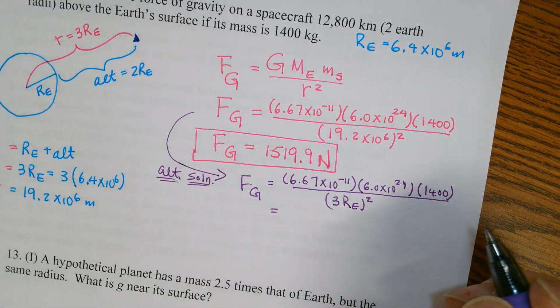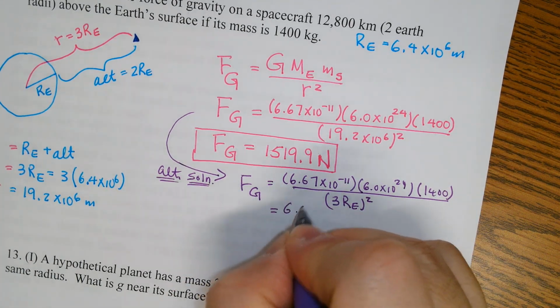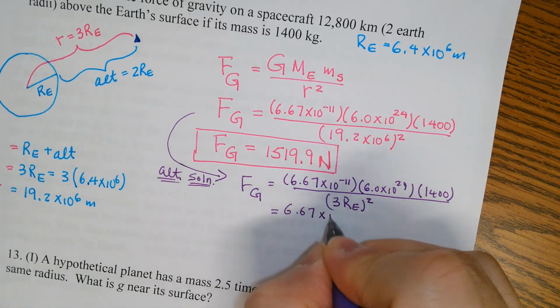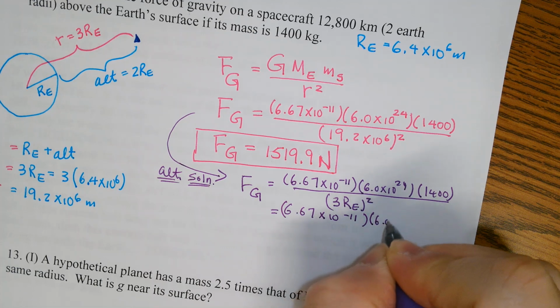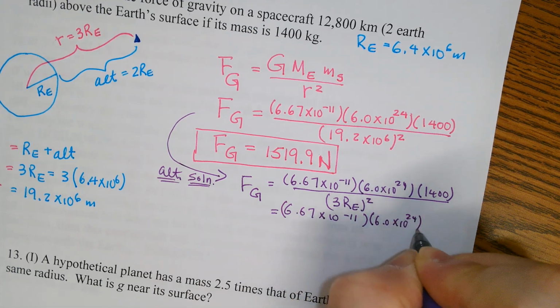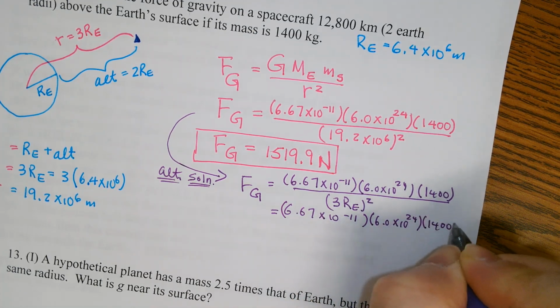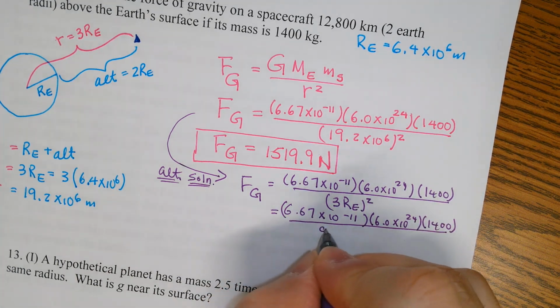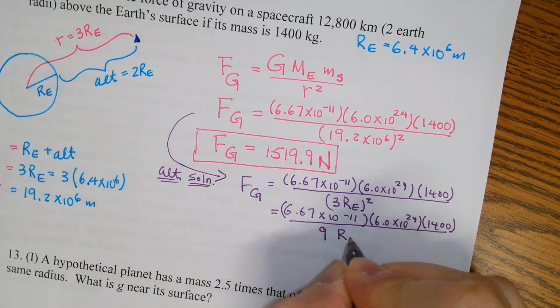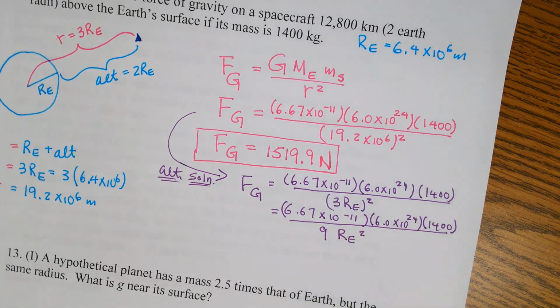That is 6.67 times 10 to the negative 11th times 6.0 times 10 to the 24th times 1400, divided by 9 RE squared.